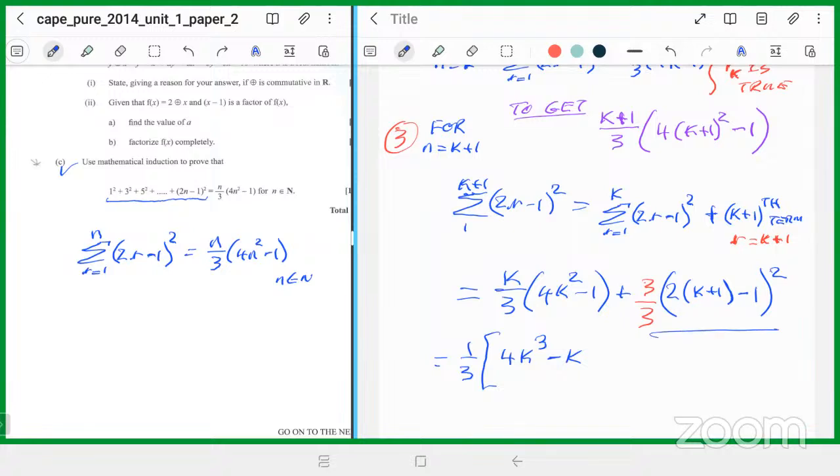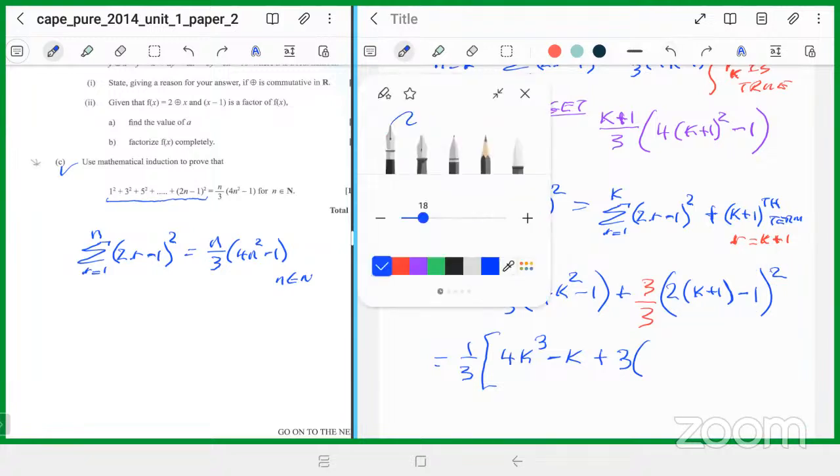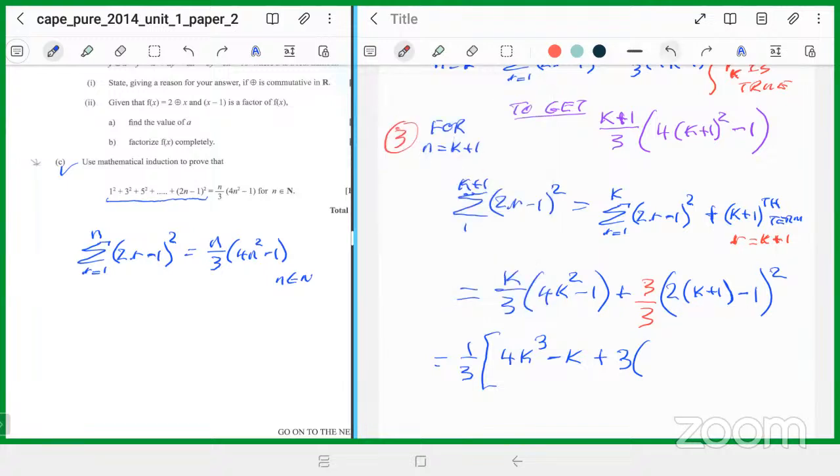Then over here now, this third is factored out. This 3 remains. I'm going to get a plus 3 into, and I'm going to write what this is really. I'm going to expand the square. But what is this inside here, really? Let's look at what it is and write it out in red. Inside here, really what we have is 2 times k is 2k.